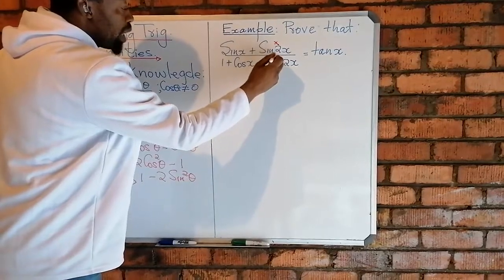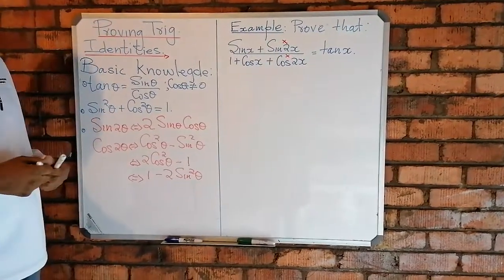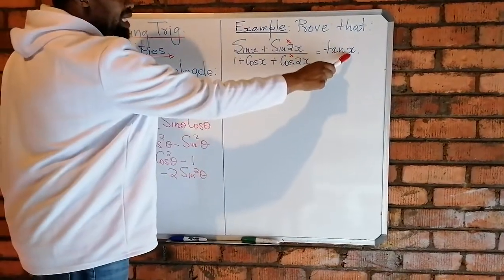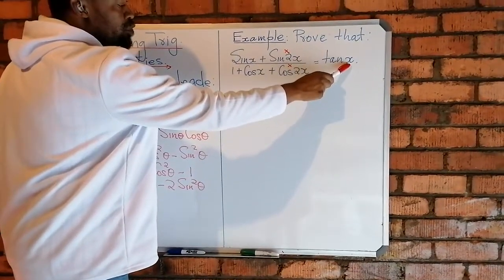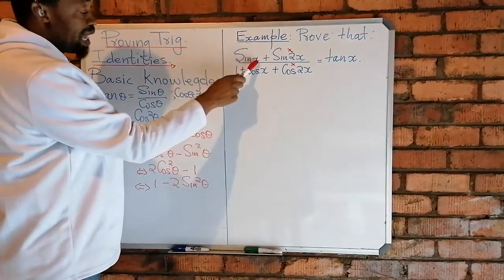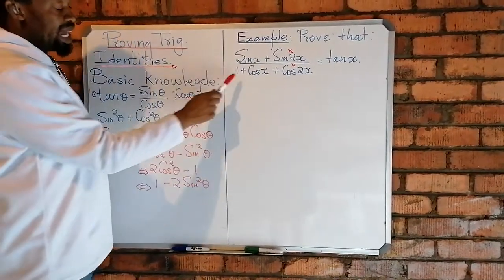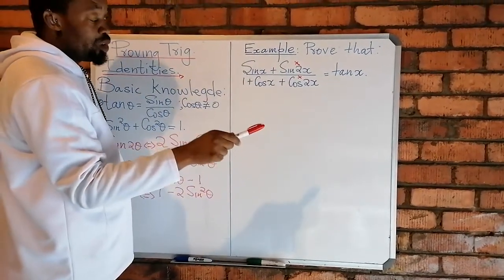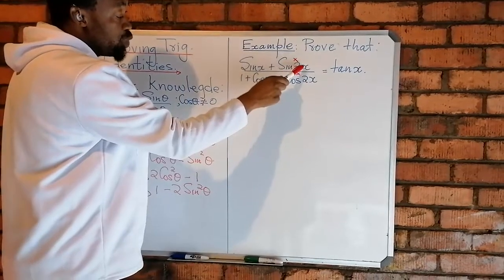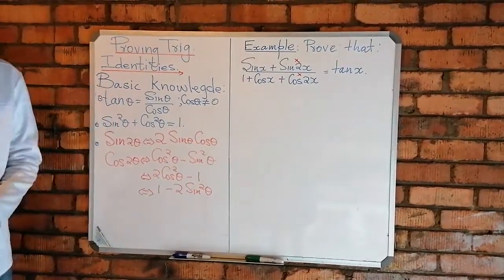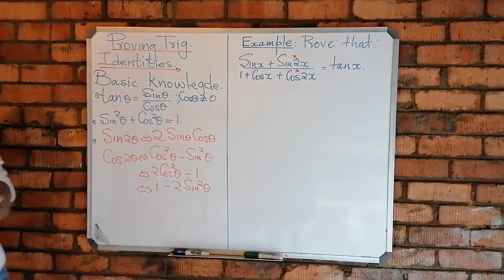I have also identified that as a double angle identity. But now, my answer is supposed to be in terms of x, not 2x. And for that matter, I've got x and x there. That is why I'm going to express these in terms of x, sine 2x in terms of x, cos 2x in terms of x. Now, let me prove the identity.